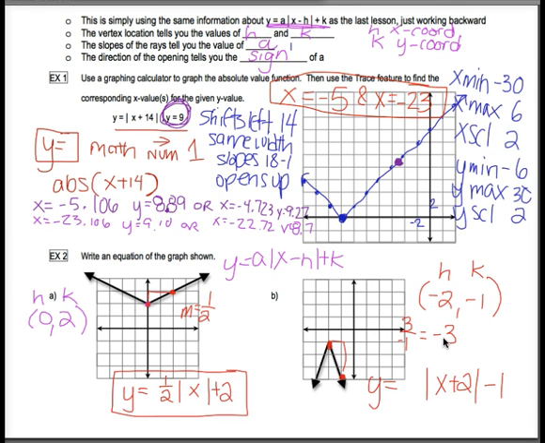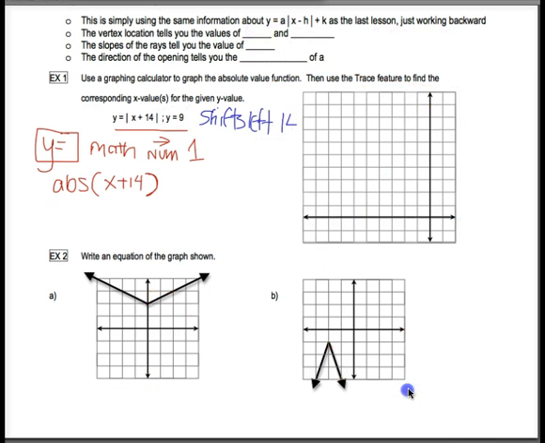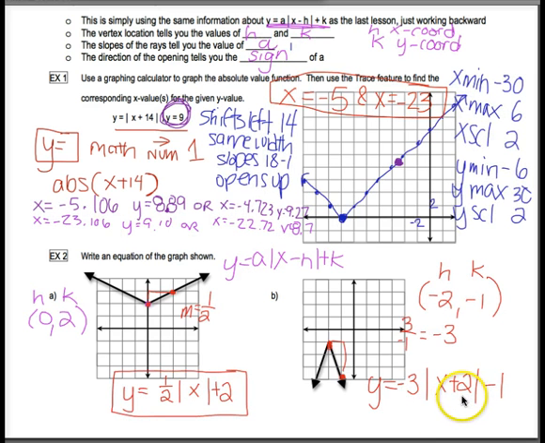Now, to make sure that negative is what I actually put in my equation, double check. This does open down, so it should be a negative value that goes out in front. So y = -3|x + 2| - 1 is your equation. And that is it for this lesson.